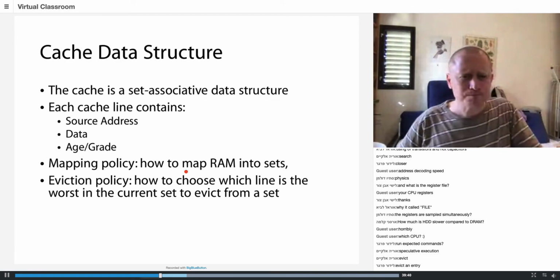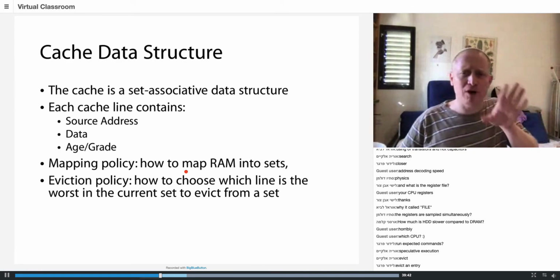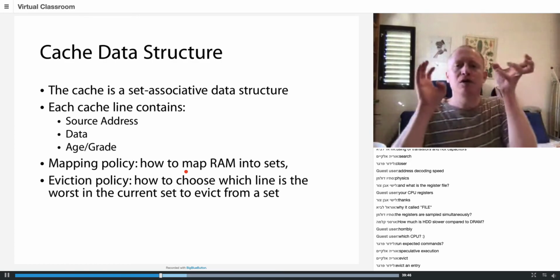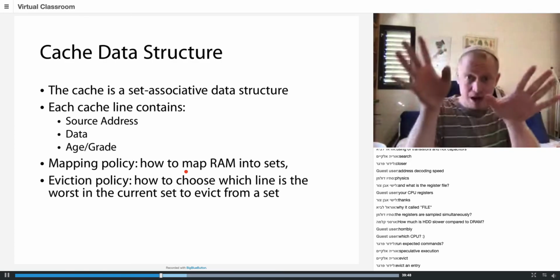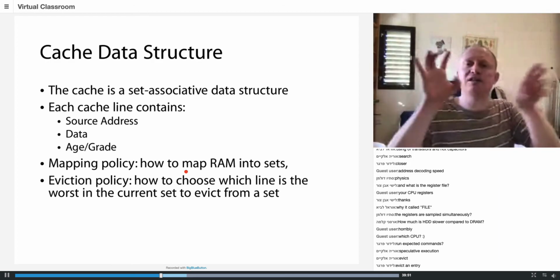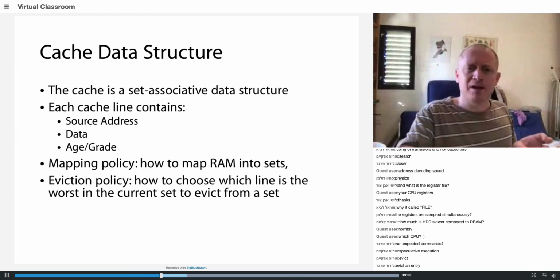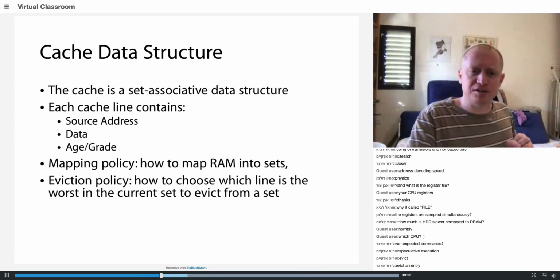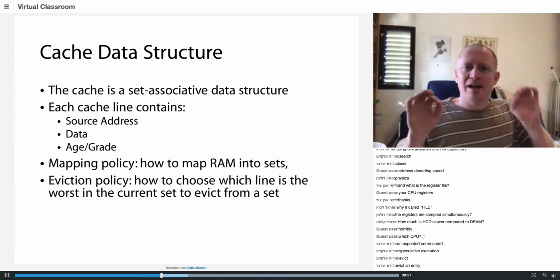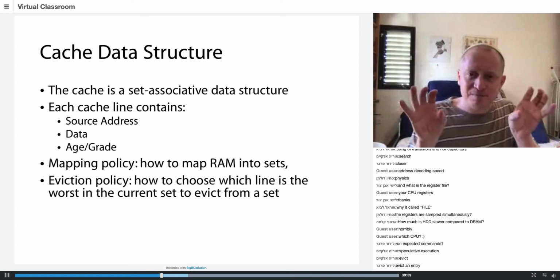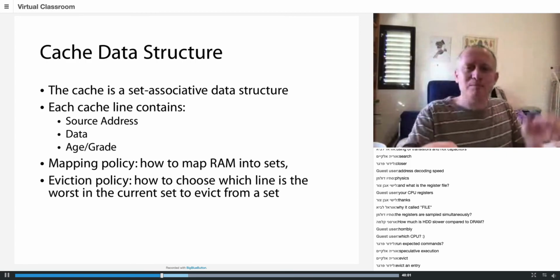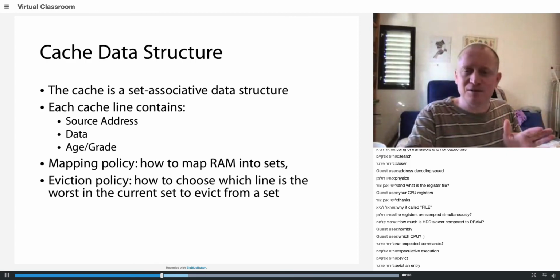Now, one thing I want to make clear before I continue. Let's say we have two processes, which are isolated from each other, and they're running, let's say, in different virtual machines. Can these two processes get memory mapped into the same set on the cache? Yes or no?